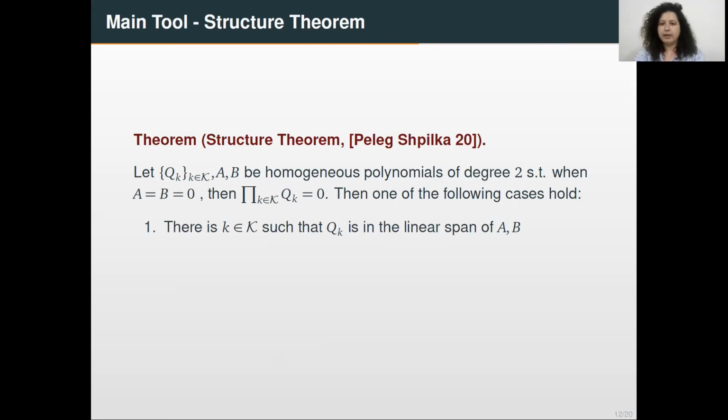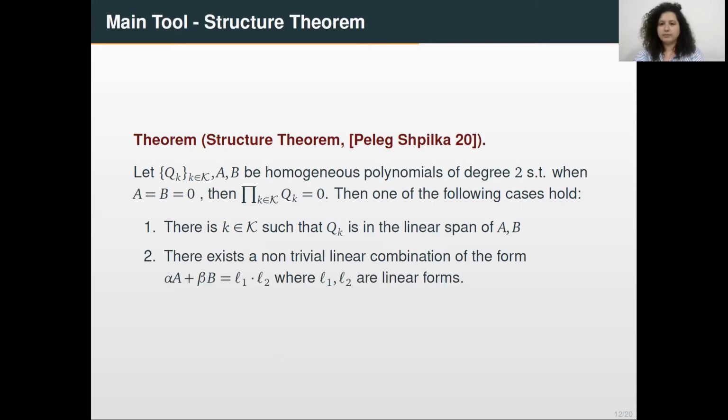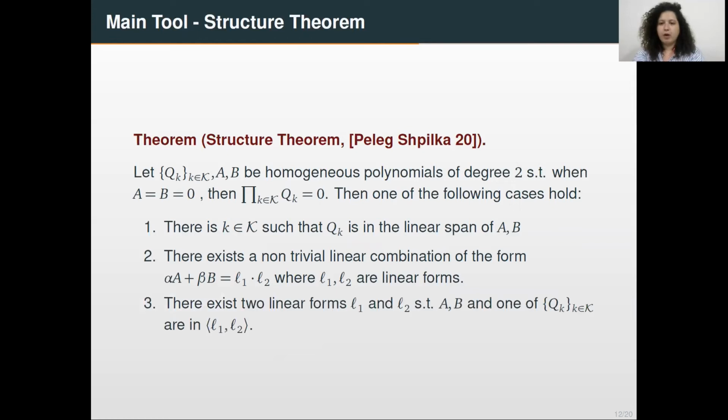Either A and B span one of the polynomials Q_k, so one of the polynomials in the product is in the linear span of A and B, or A and B span a reducible quadratic polynomial. That means that there are two linear forms, L1 and L2, such that A and B span the product L1 times L2, or both A and B lie in the ideal generated by two linear forms.